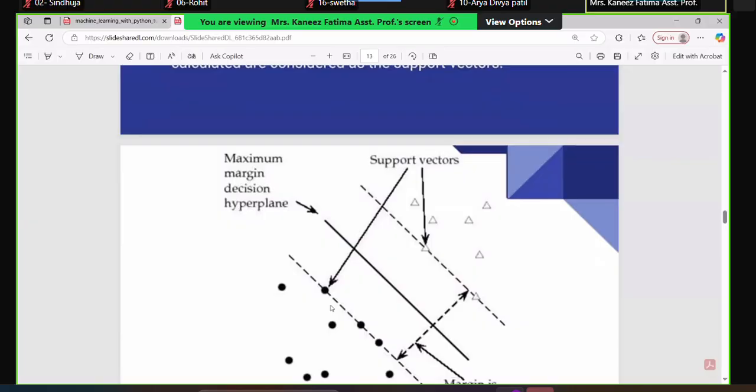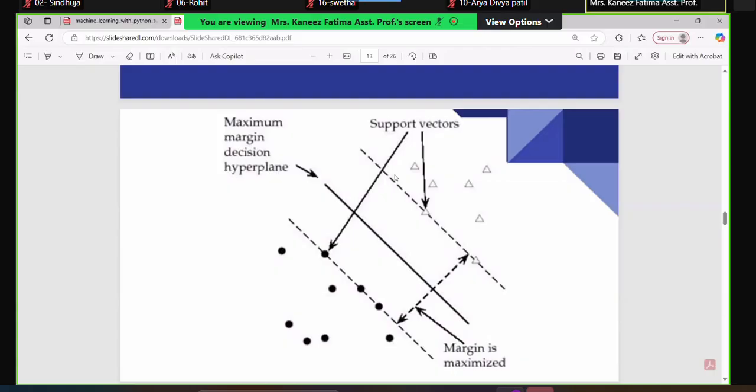Here we have the maximum margin decision hyperplane. We have two categories of data, black dots and triangles. Three black dots and two triangles coincide with the hyperplane, and with respect to that we see the support vectors: one black dot and one triangle.